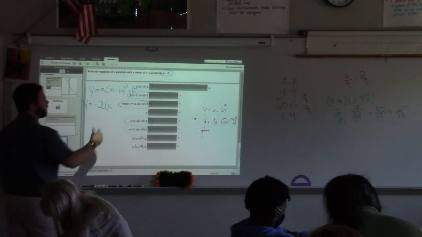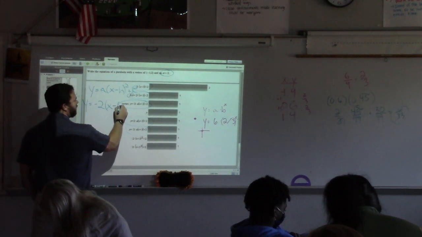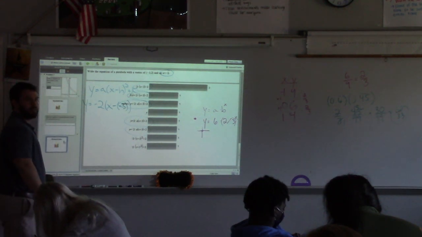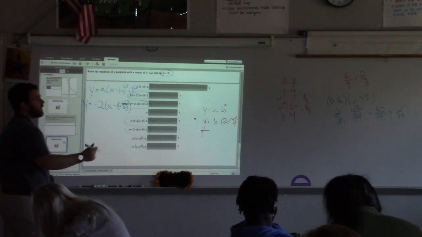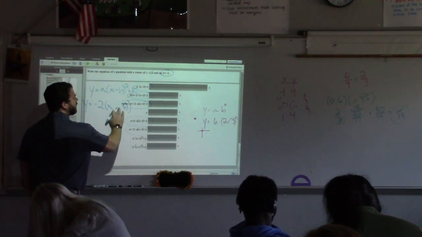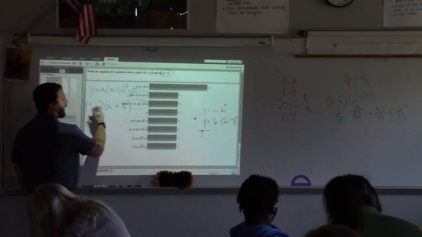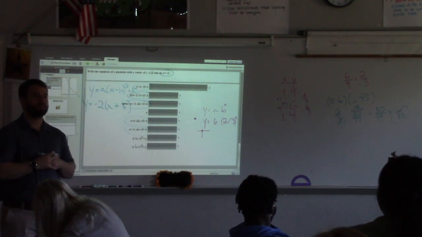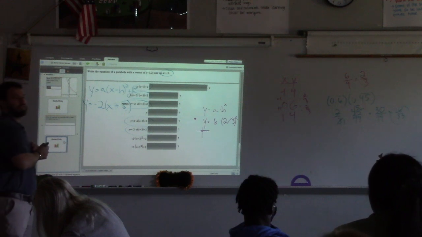Minus h, but remember it's minus -3, right? So would that be added? When you subtract a negative, it becomes positive. Remember, when it's x minus h, x minus r1, isn't it always the opposite sign? Do we remember that detail?